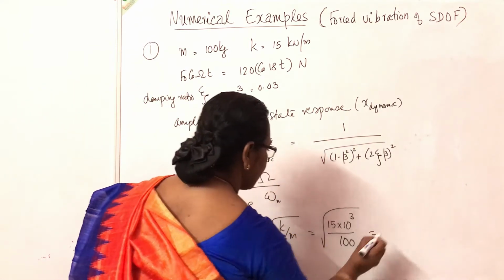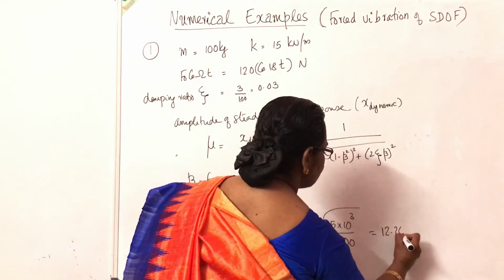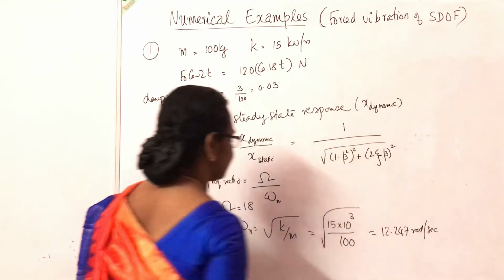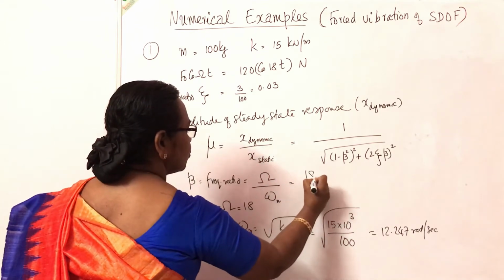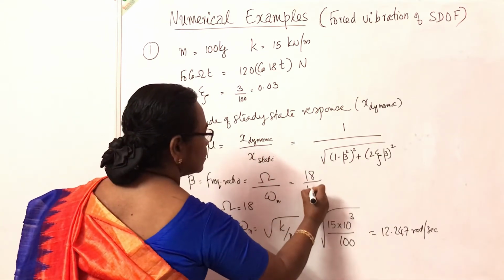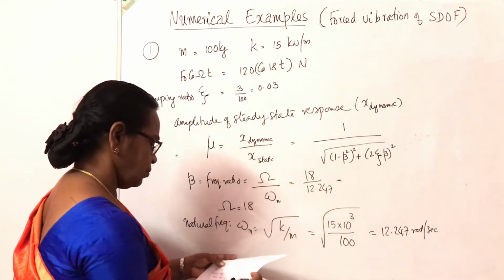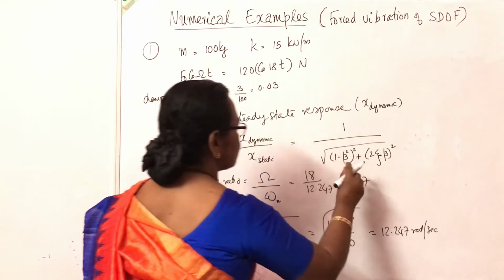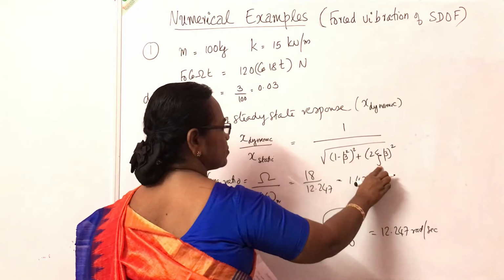So root k by m will give you the value 12.247 radian per second. So you can calculate beta. Beta is equal to capital omega by omega n, 18 by 12.247. Beta will work out to 1.47.